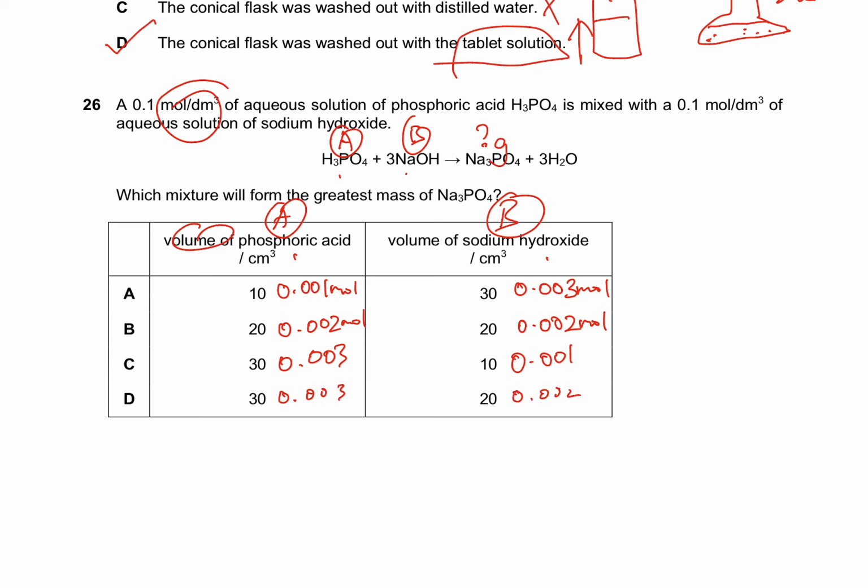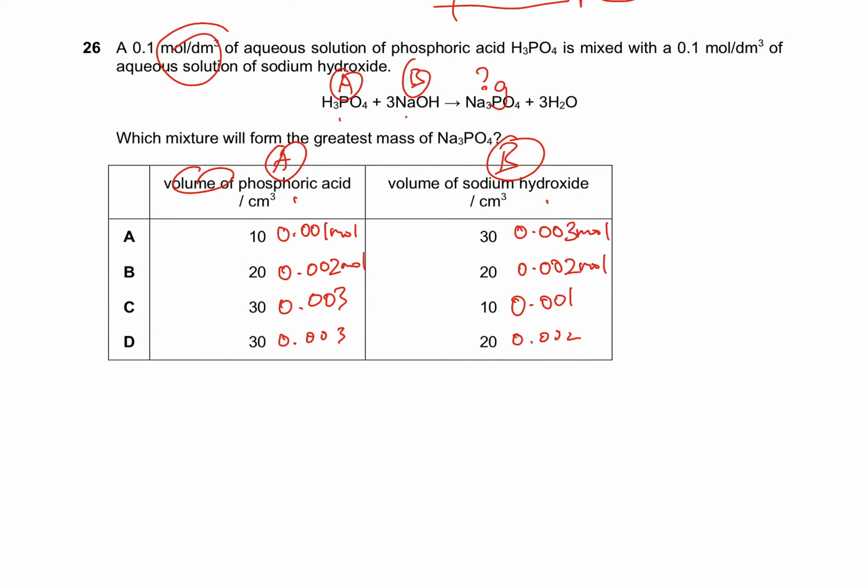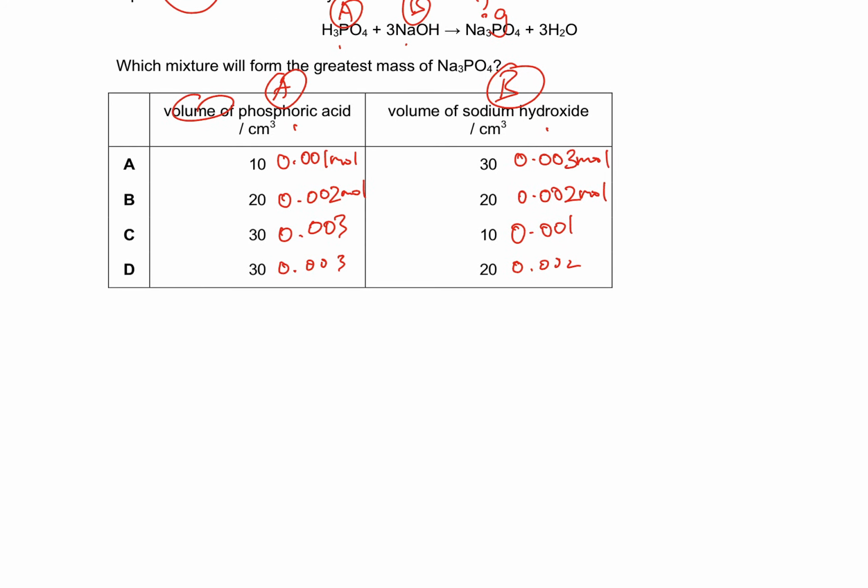Okay, so we're going to use the have, need, have table. So let's start with option A. I'm only interested in this one. So have, need, have. So this is 0.001.